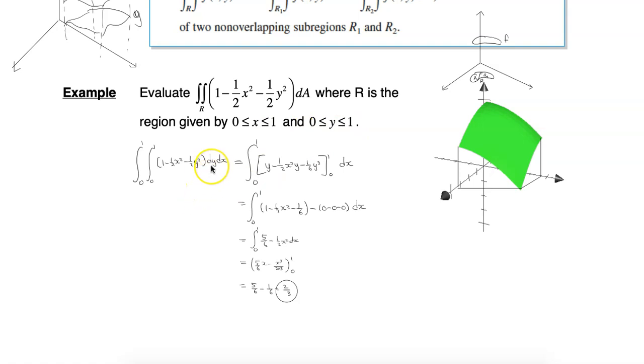Instead of integrating in the order dy dx, it's perfectly fine to integrate in the order dx dy, and there's no complication here. This is an arbitrary choice. So integration, I don't think, is really challenging. We reach eventually the answer that the volume under the surface here is 2/3.